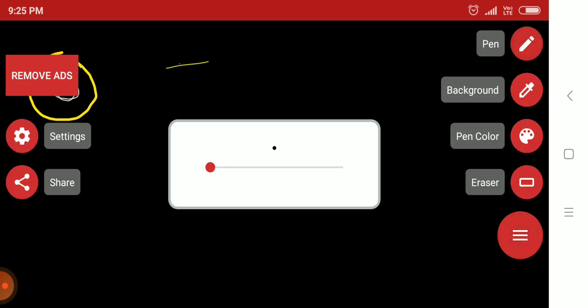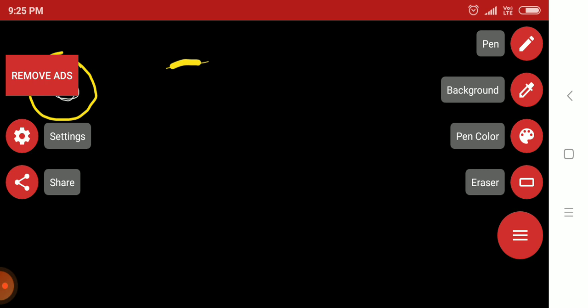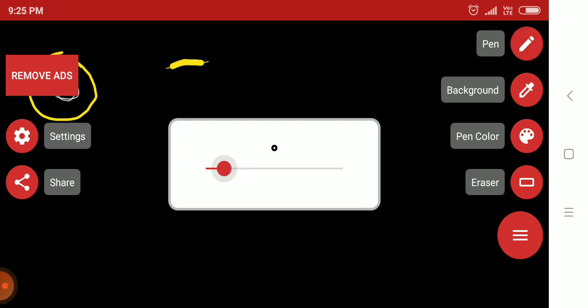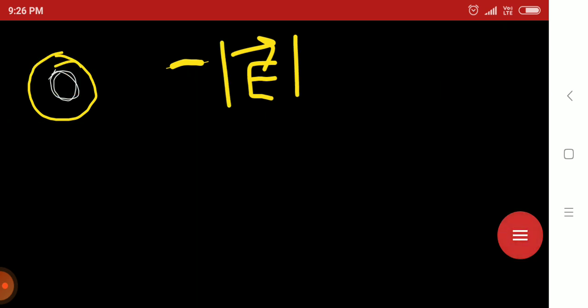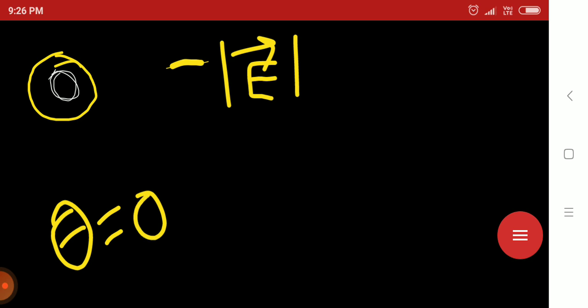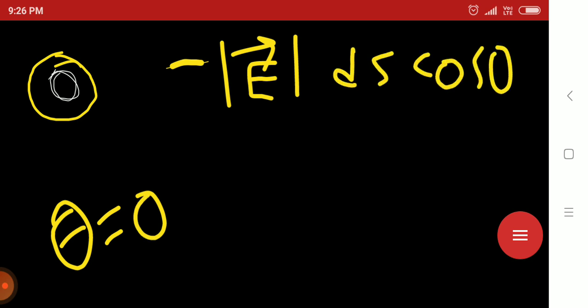E dot dS cos theta. Here the electric field is in the radial direction, so E dot dS cos theta, for theta equals 0, E dS cos 0. That means the electric field is radial; we are trying to obtain the radial electric field.